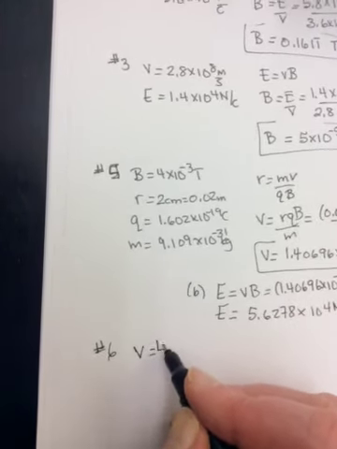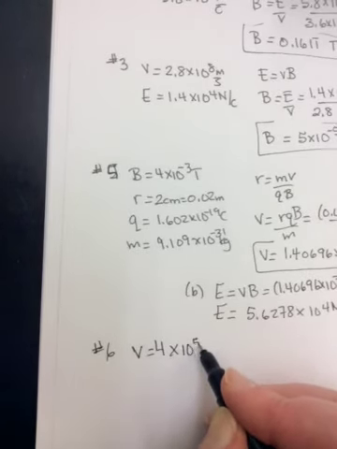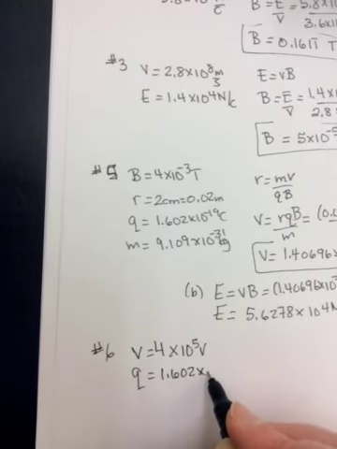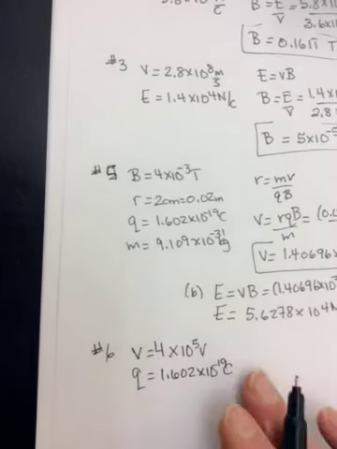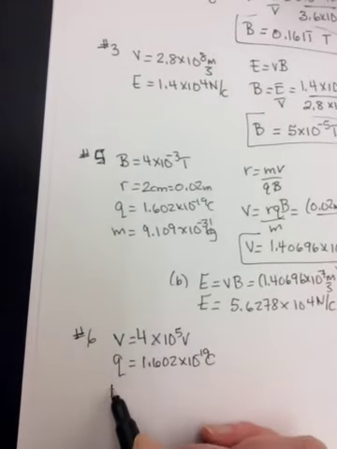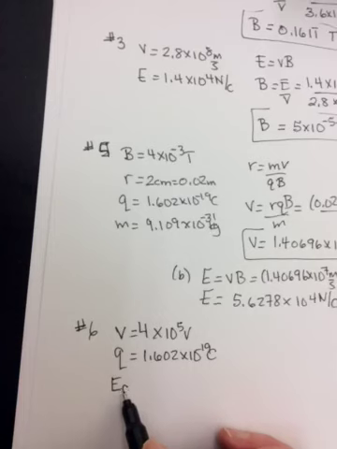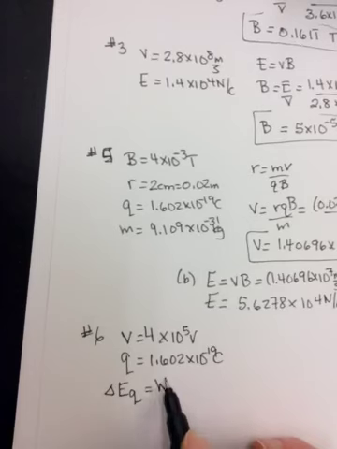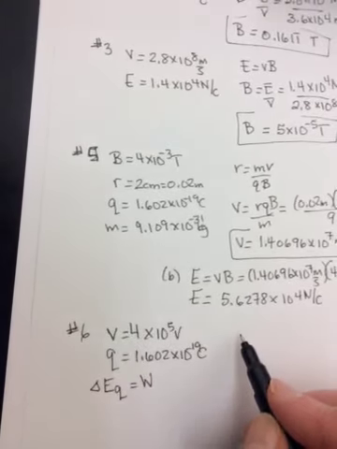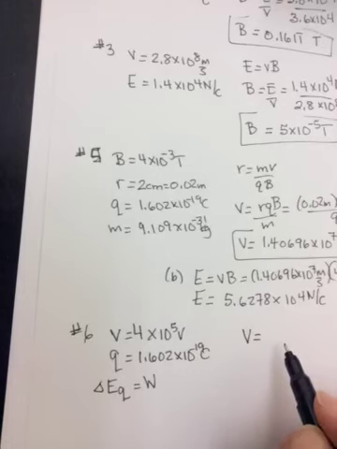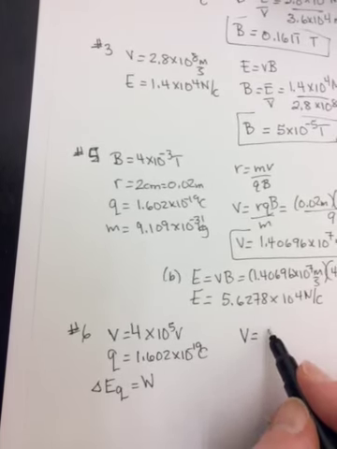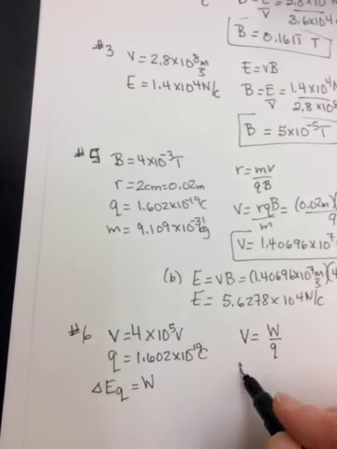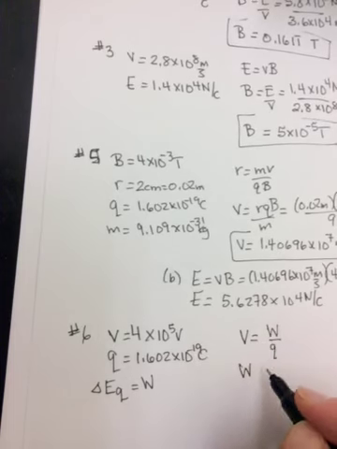So V is equal to 4 times 10 to the 5th volts, and the Q is 1.602 times 10 to the negative 19 coulombs. What energy? Remember, we're talking about charges, so it'll be electric potential energy. And remember, the change in electric potential energy is also equal to the work done. And so it goes back to that equation that we used a fair bit in the first half of the unit, V equals W over Q. So you're looking for W, which is the work done, which is the change in energy.